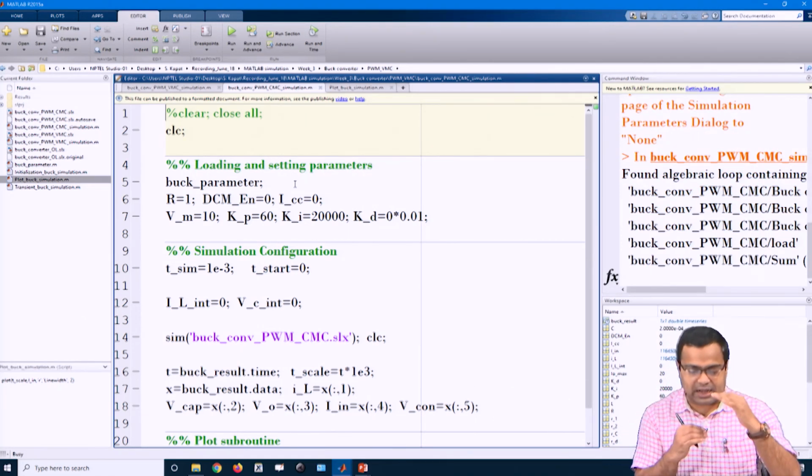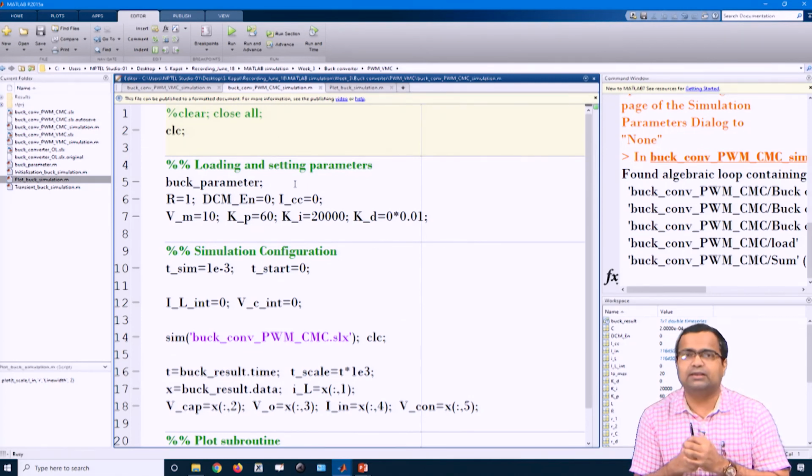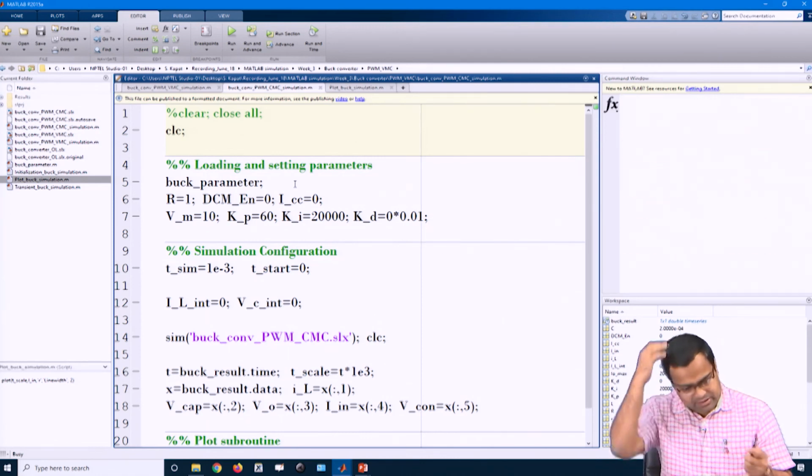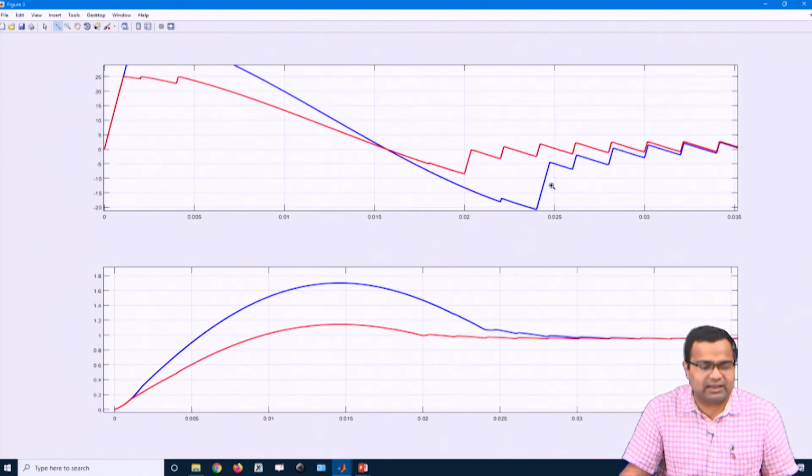I put a current limit of 25 ampere on both the upper side and lower side. You will find the current is still limited within 25 ampere, which is nice, it is not exceeding 25.